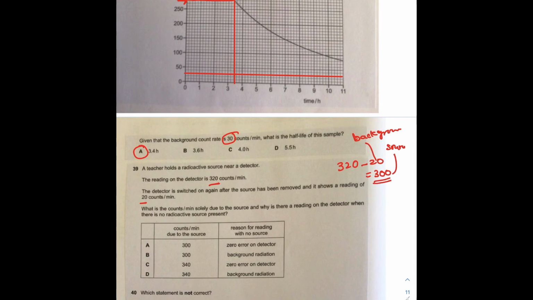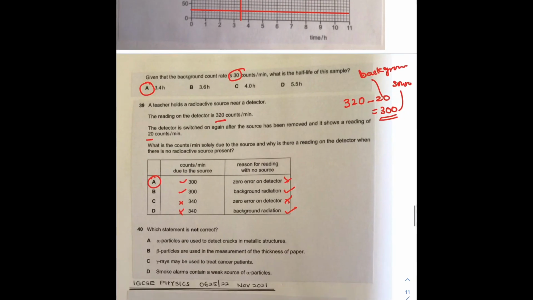Counts per minute due to the source is 300. Reason for reading with no source: why is there a reading but there is no source? Zero error on the detector, no. Background radiation, yes. So answer is A.